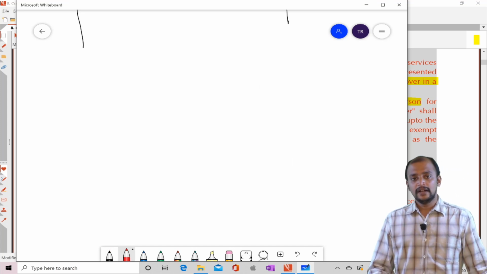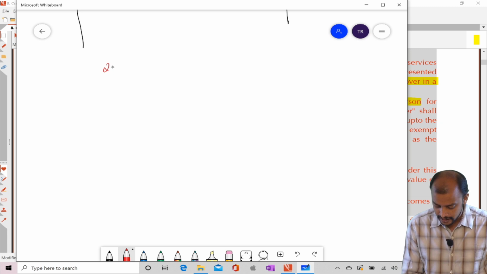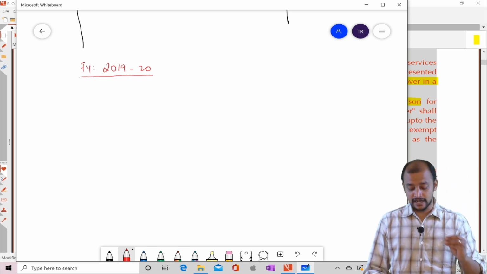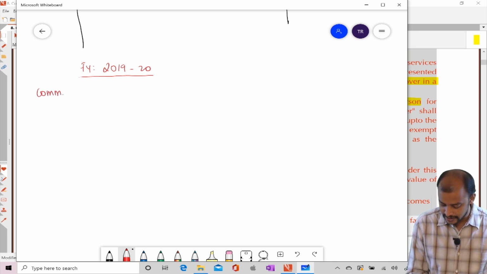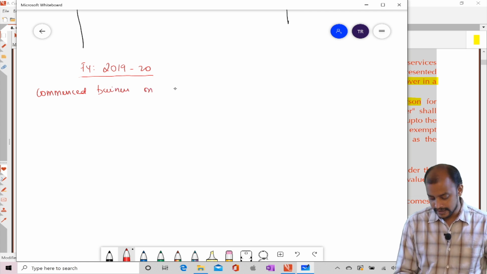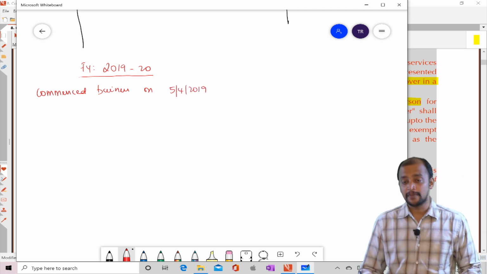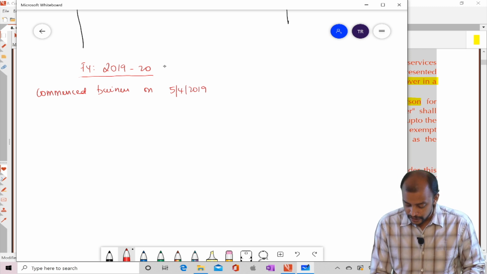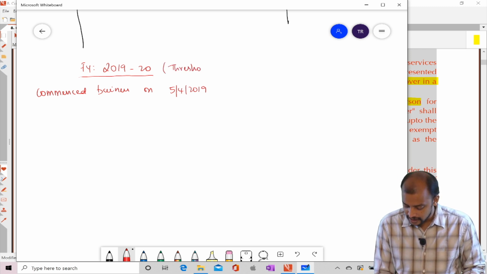Previous year 2019-20, financial year 2019-20, a person commenced business on say 5/4/2019, and this person's threshold limit is 40 lakhs.